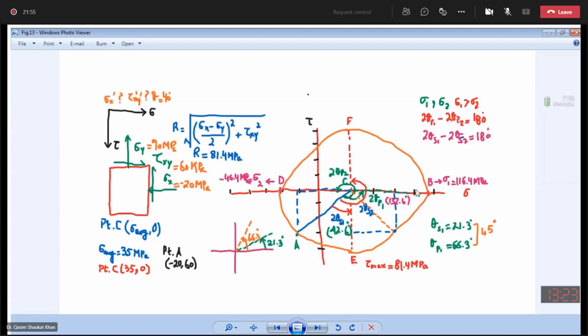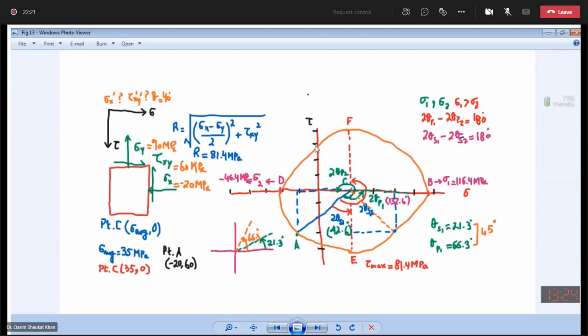Now the next important thing about the Mohr circle is that the scale on both x and y axis needs to be the same. Okay? So your scale on x and y axis must be the same.